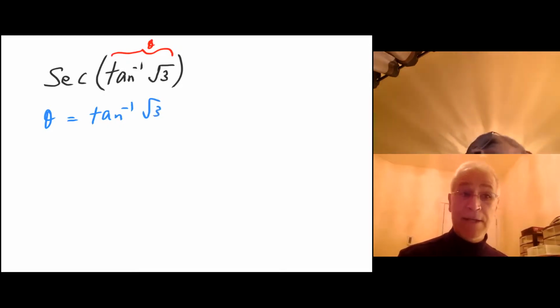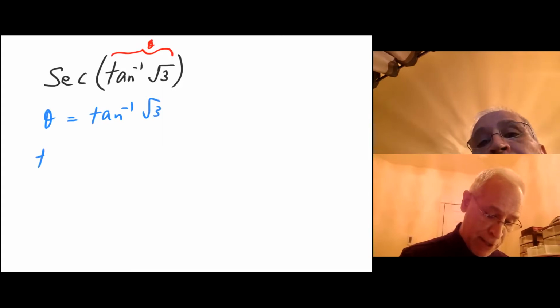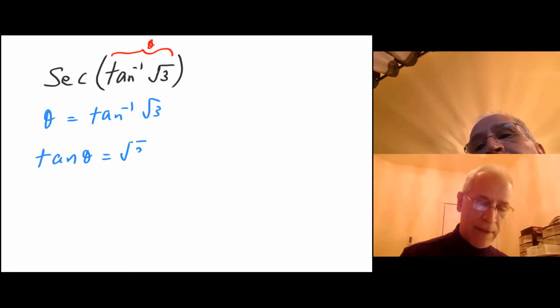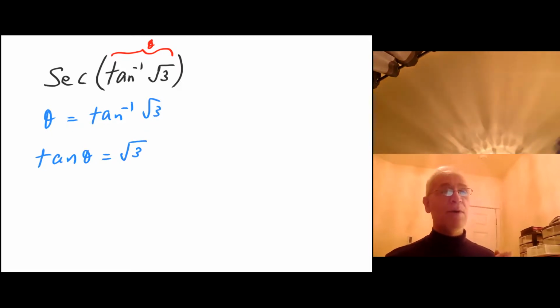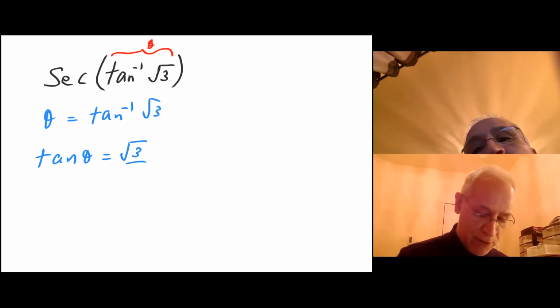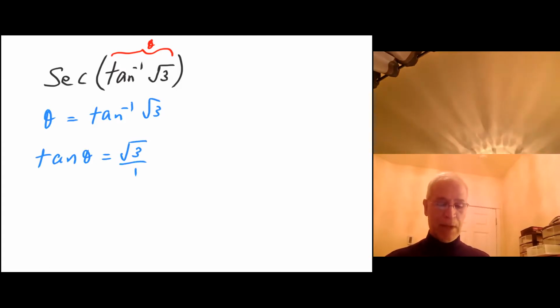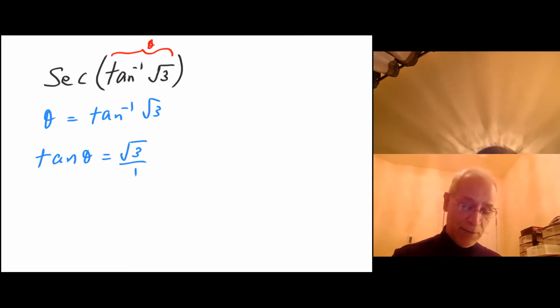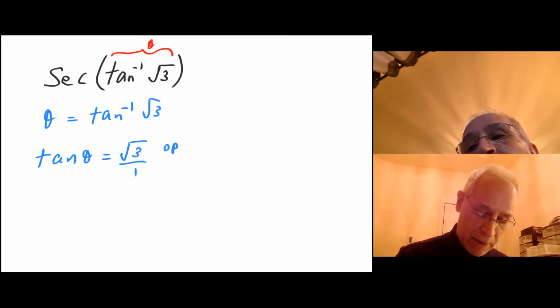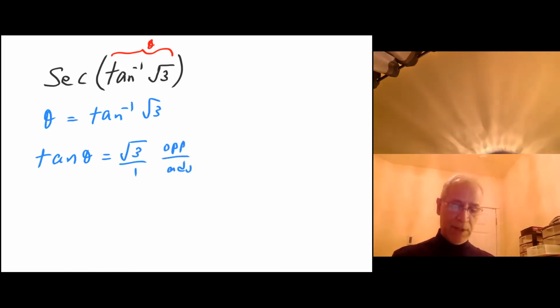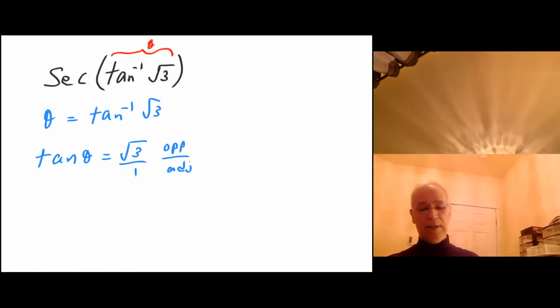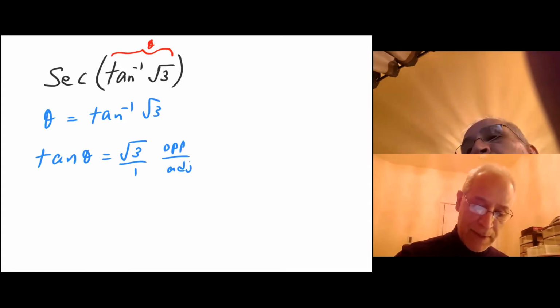So take tangent of both sides. I have tangent of theta equals square root of 3, which is the same as saying square root of 3 over 1. By definition, I know tangent is opposite over adjacent. And notice that since tangent is positive, I must be in quadrant 1.